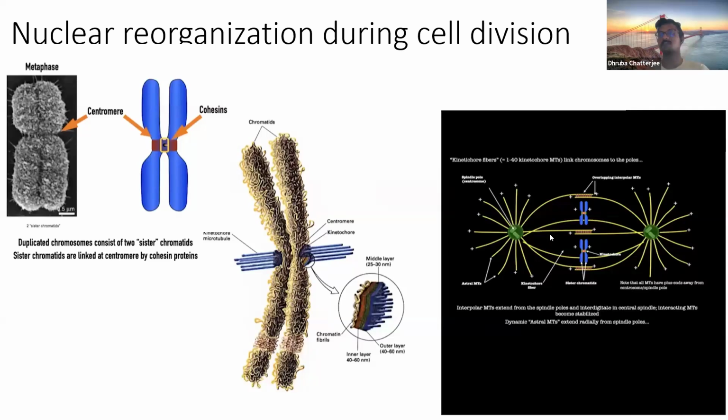Due to shortening of the spindle fibers, the sister chromatids will be pulled to two different ends, as well as the growing of the cytoskeletal microtubule elements in between these sister chromatids will push the sister chromatids to two different ends, the terminal ends of the cell.